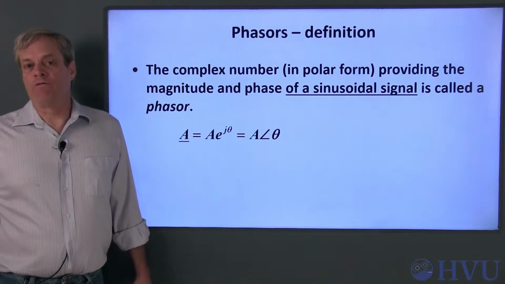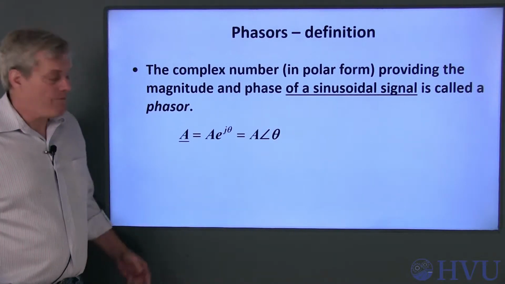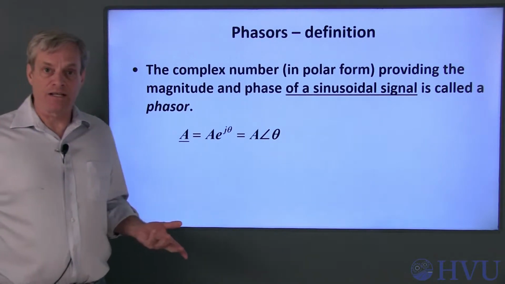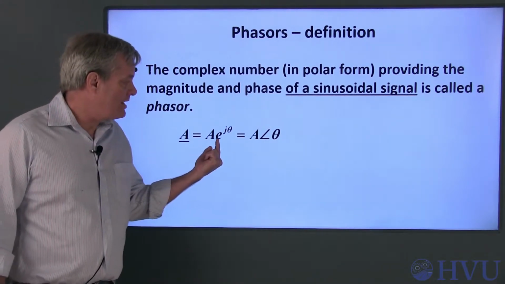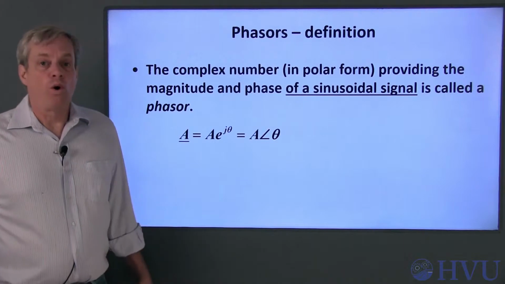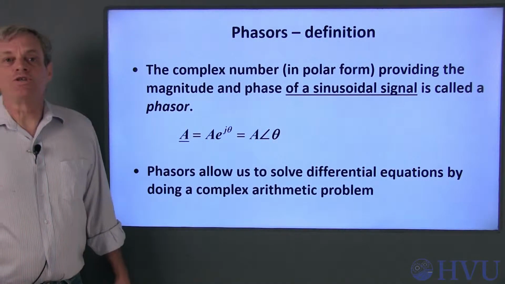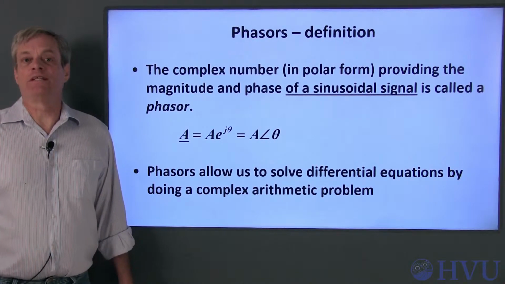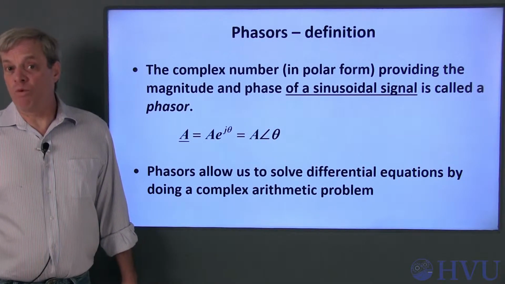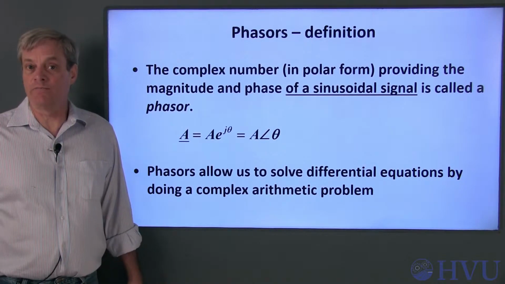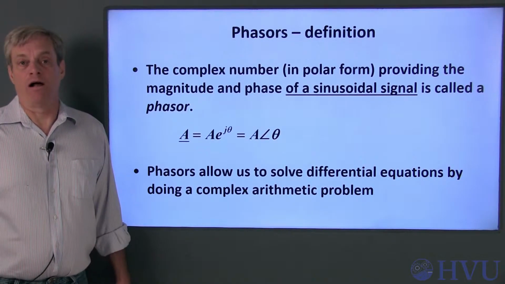Phasors are invariably represented in polar form, so a phasor, a underscore, can be written in either complex exponential form as a times e to the j theta, or simply as a at an angle of theta. Phasors are extraordinarily useful since they allow us to solve the differential equations describing a system's steady-state response to sinusoidal inputs by doing an algebra problem.